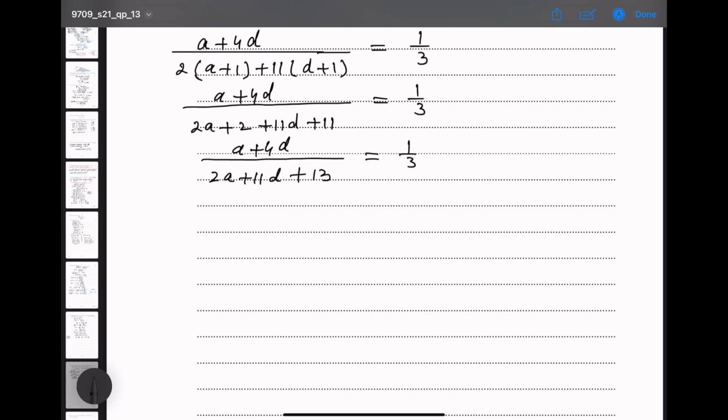So this becomes 2A plus 11D plus 13, and by cross multiplying, 3A plus 12D.